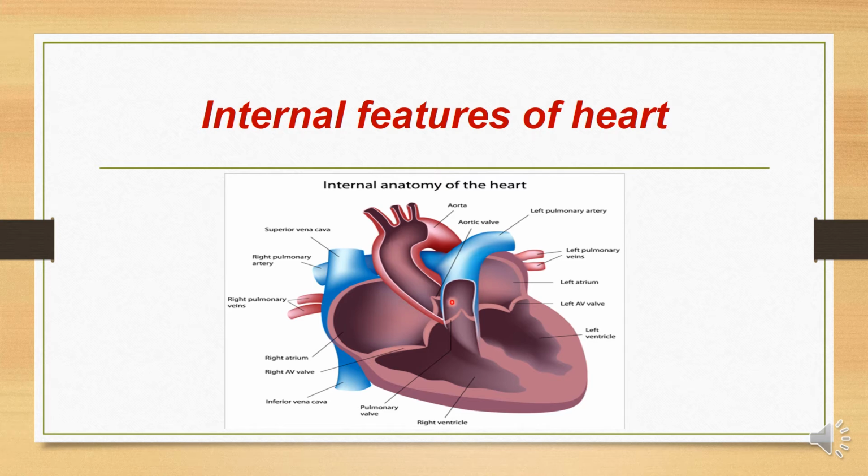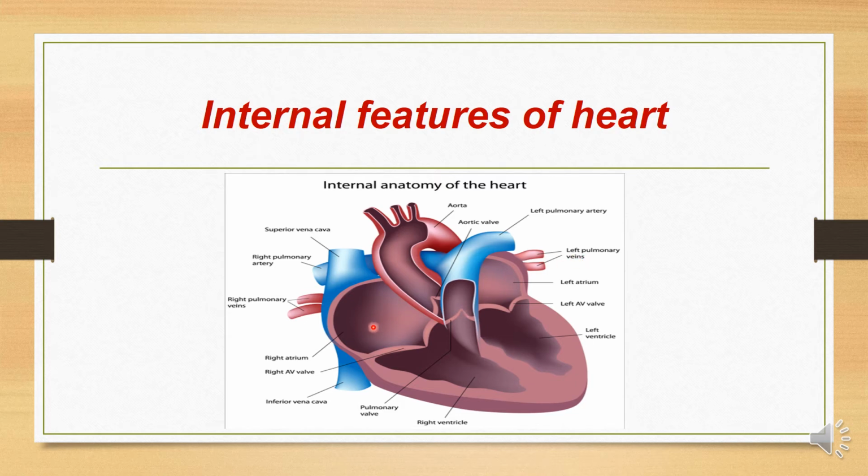So you can notice here that in the atria, the blood is coming in through the veins. The right atrium is receiving deoxygenated blood from the vena cava, and the left atrium is receiving oxygenated blood through these pulmonary veins.